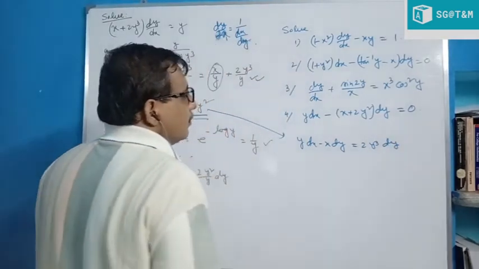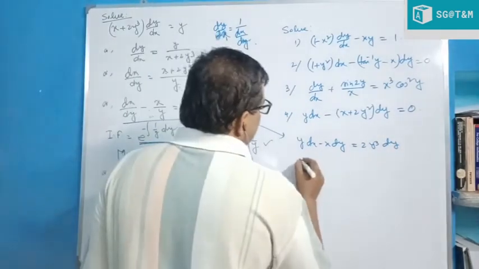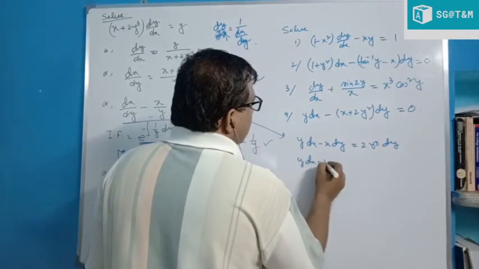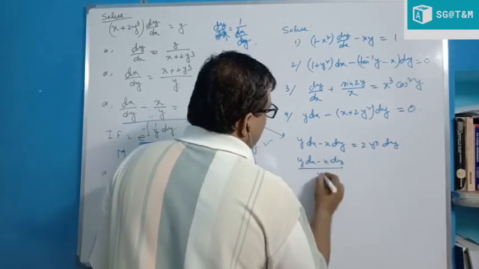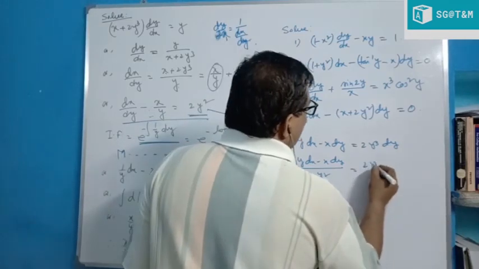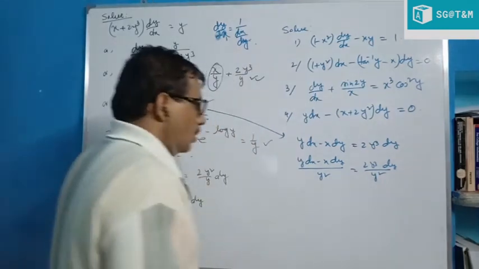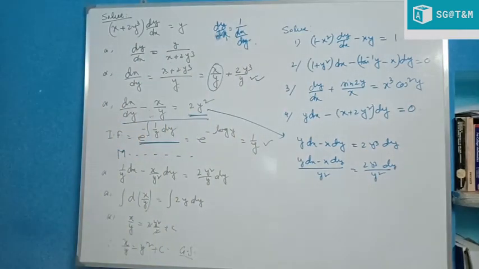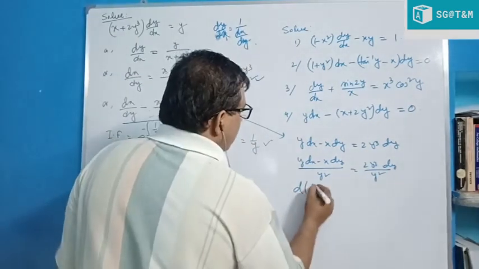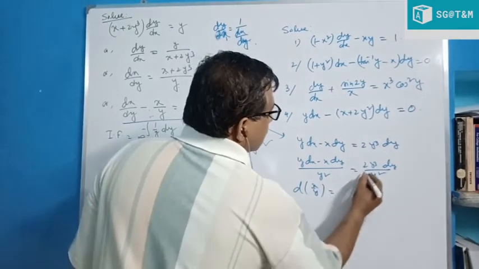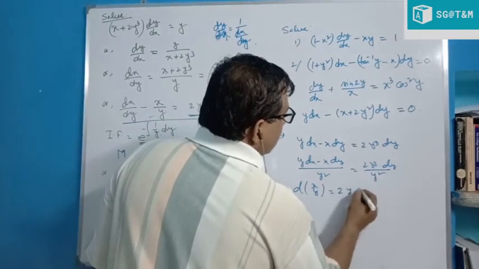Now dividing both sides by y², (y dx minus x dy) by y² is equal to 2y³ dy by y², that means 2y dy. Then d of (x by y) is equal to 2y dy.